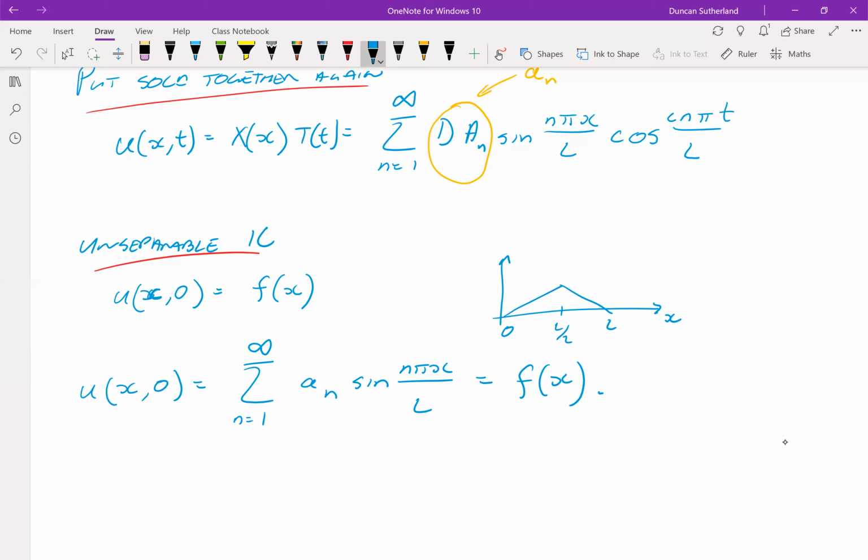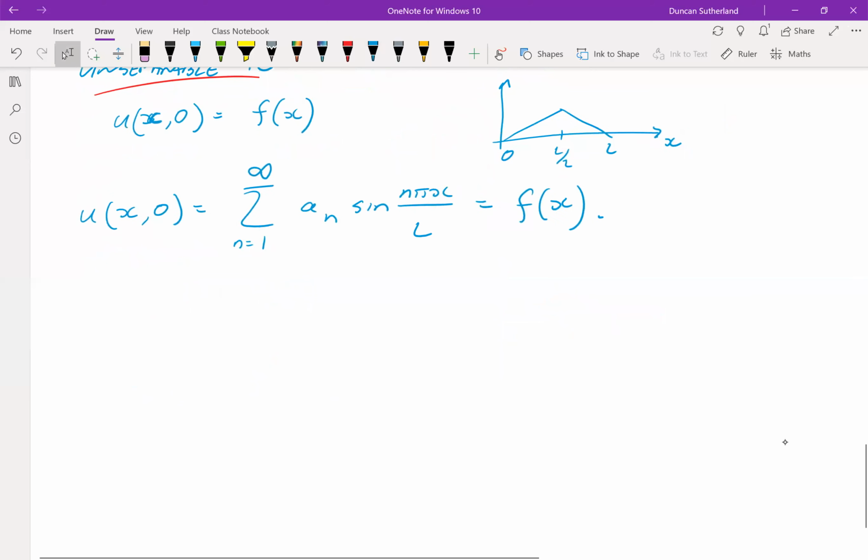We're going to use the orthogonality relations. Now, you can either look these up or you can prove them. They're not too hard to prove. They all come out of trig identities.